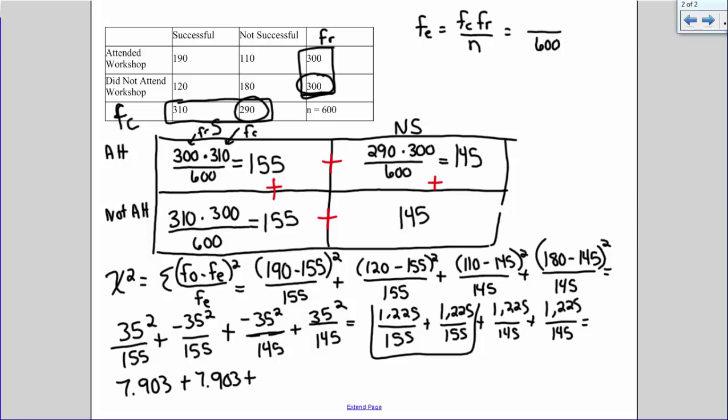Plus 1,225 divided by 145 gives you 8.448, and we have two of those.